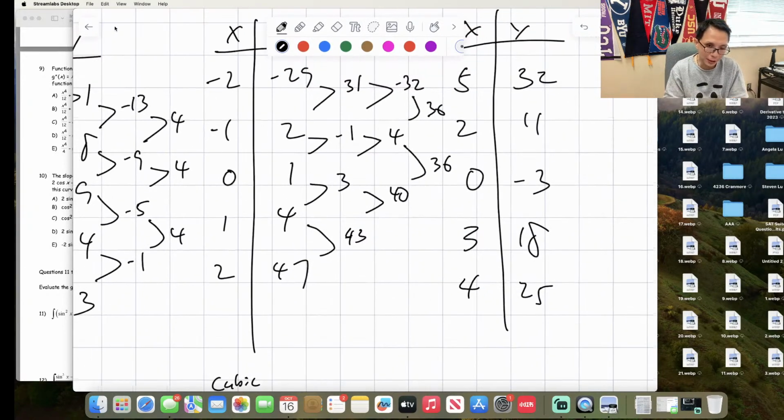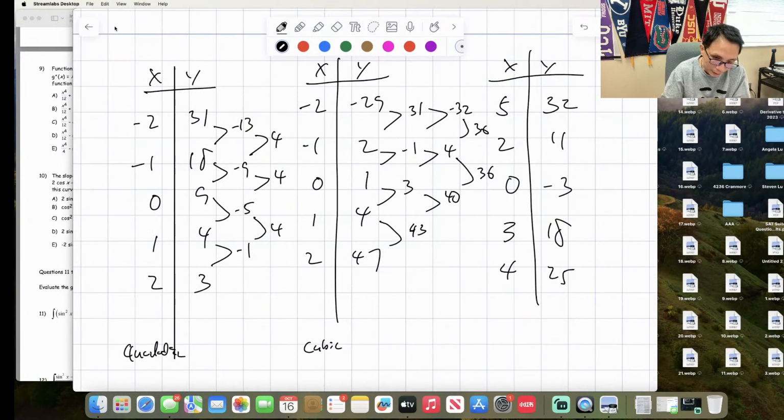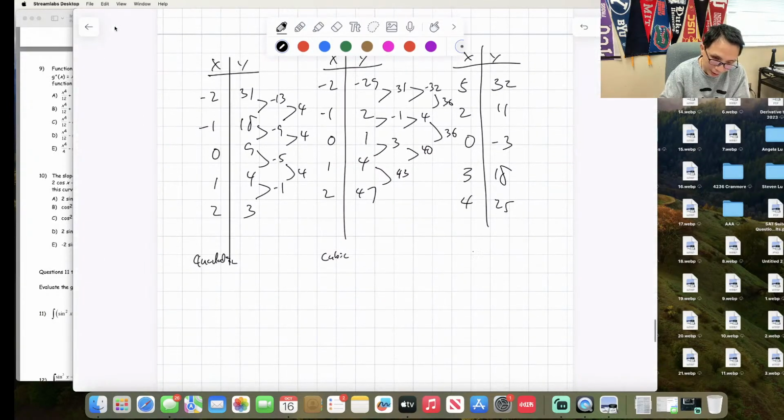Now the last one is a little bit trickier. Obviously I kind of think this might be linear, but I'm going to rearrange the numbers. Can I rearrange this? x, y: 5, 32; 4, 25; 3, 18; 2, 11; 0 is -3.